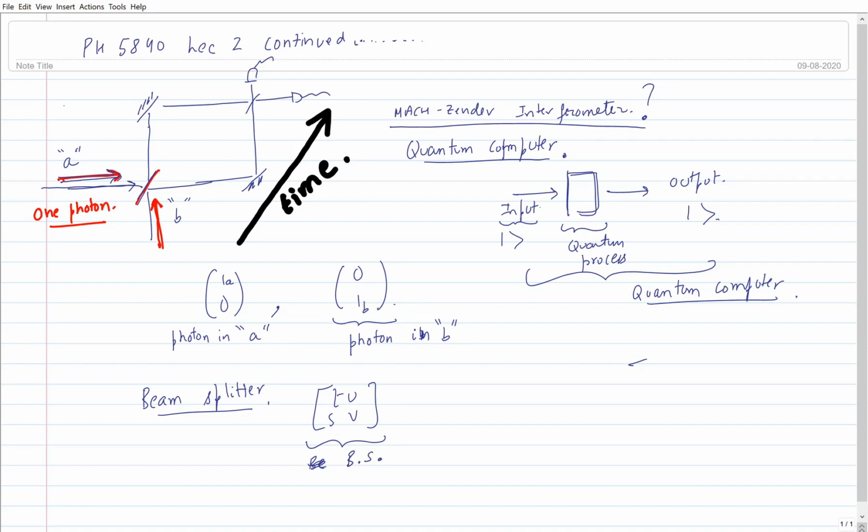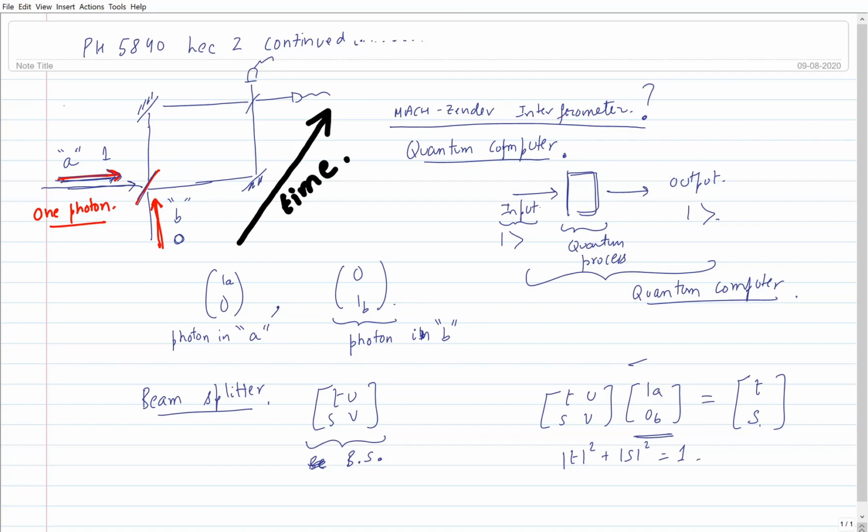So I'll have that's my input state. Photon here, one photon here, and maybe nothing here. And I'll have some sort of an output. I'll have T and I'll have S. Now, of course, unitarity demands that T square plus S square is 1.